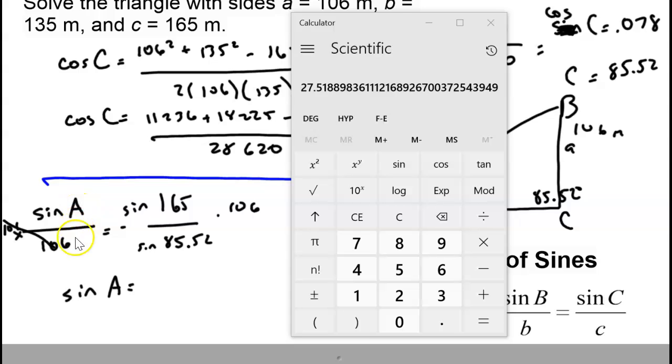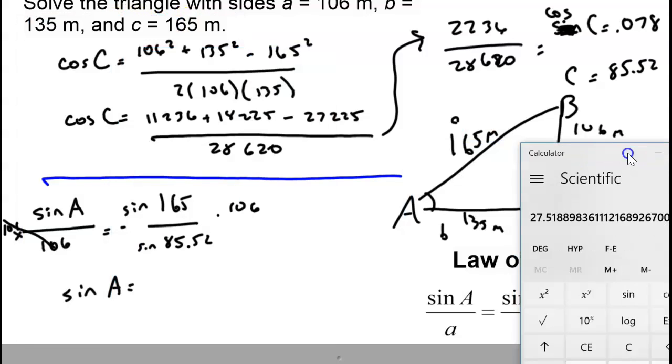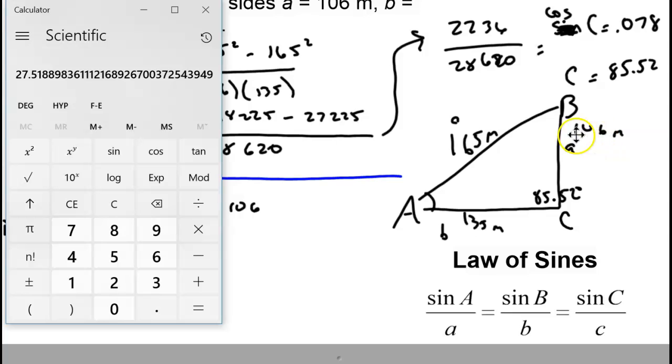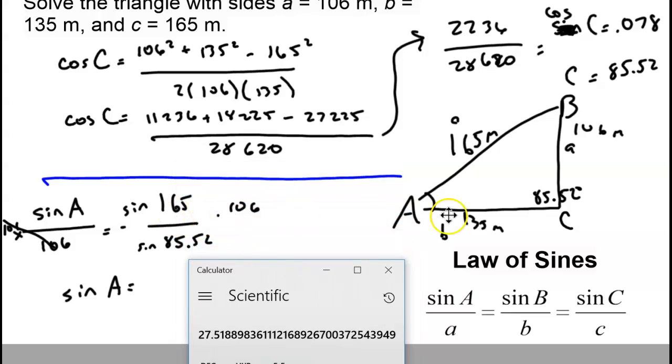I've got sine A over 106 on the side, and looking at sine C, that should be 85.52. Okay, that's where my error is.